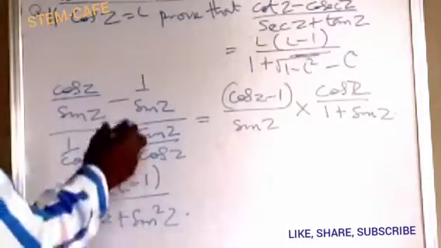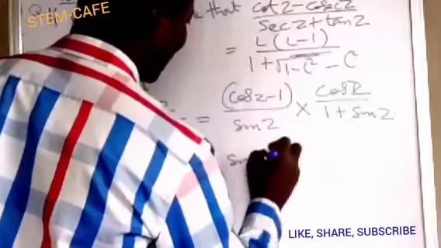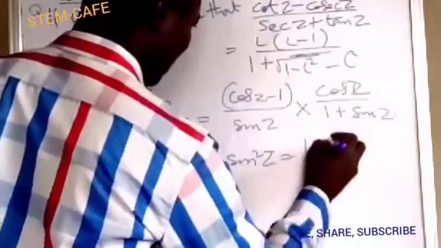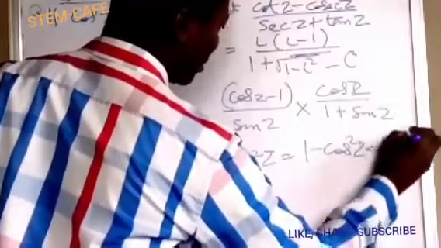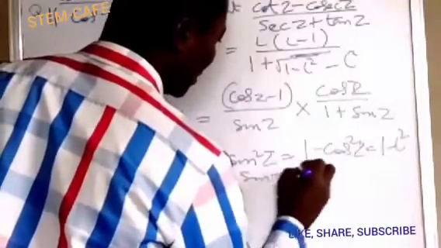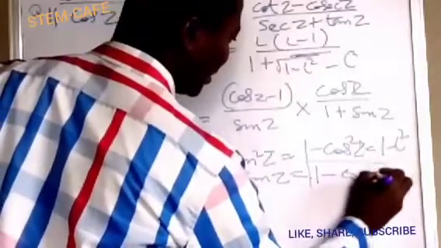And from our trigonometric identities, we know that sin square z is equal to 1 minus cos square z, which is 1 minus L squared. So sin z will be equal to the square root of 1 minus cos square z.